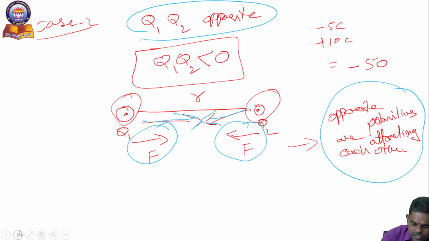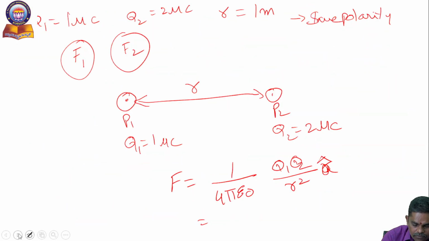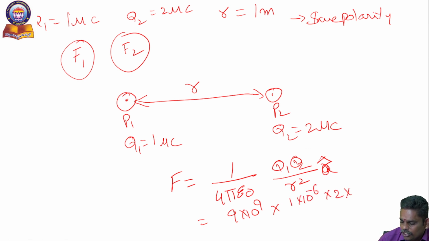Now I apply this to my problem: 9 into 10 power 9 into 1 into 10 power minus 6 into 2 into 10 power minus 6 by 1 meter, which is R square.